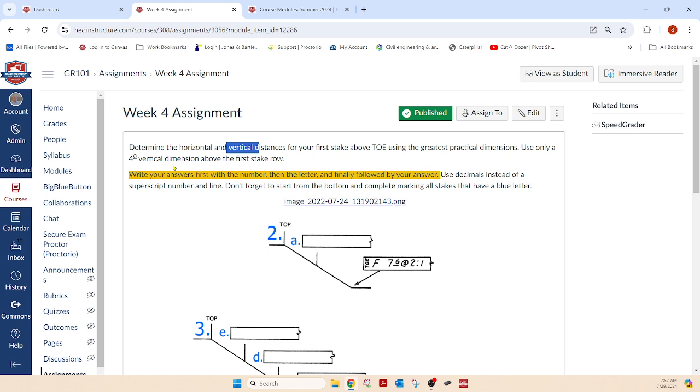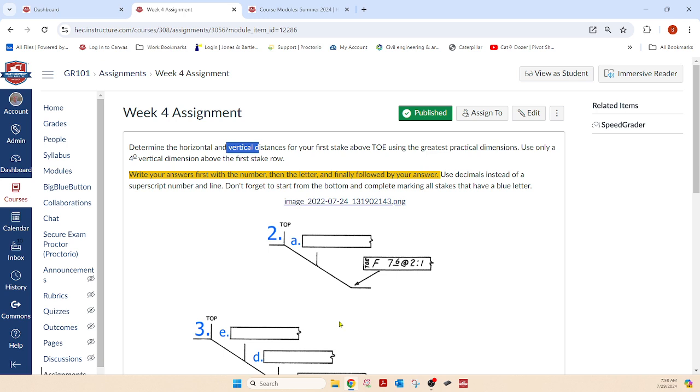Use only a 4-foot vertical dimension above the first stake. Now look at this number 2. I do not know where number 1 is, and I don't know what happened to it, but that's okay. Number 1 I have completed, but no worries. We won't count that wrong.